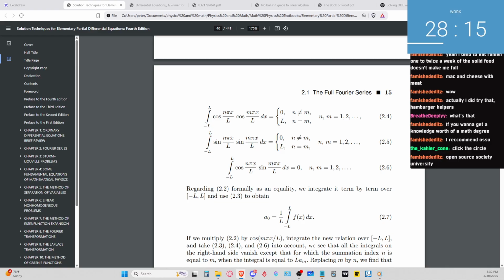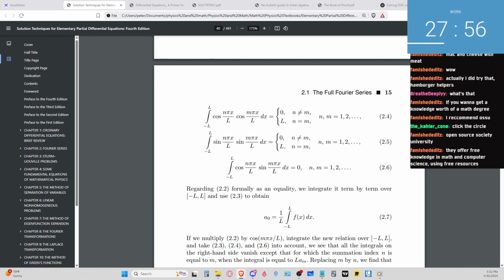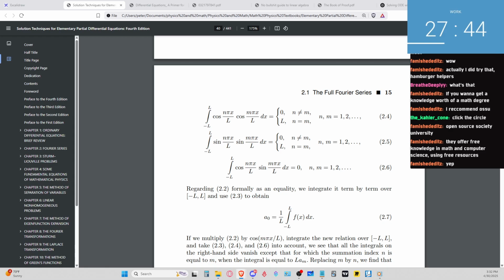Open Source Society University. Let's see. University Path to Self-Taught Education in Computer Science. Is that what it is? They offer free knowledge in math and computer science using free resources. Oh, okay. I'll bookmark that so I remember it.